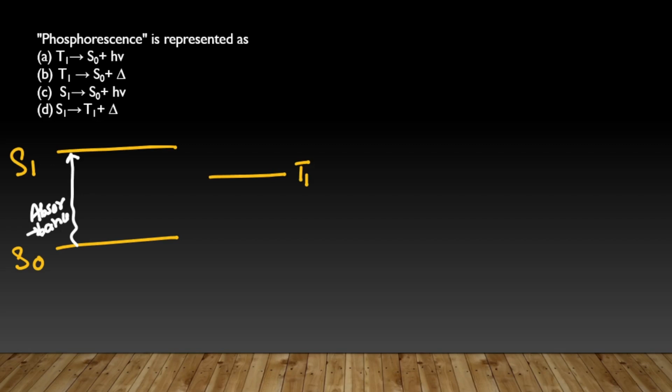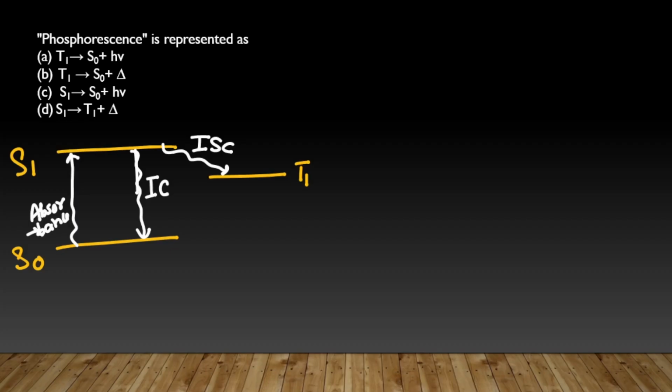If the particle is returning from the singlet S1 state to the triplet T1 state, this is called intersystem crossing. And if the particle is returning from S1 to S0, that is between the same states, this is called internal conversion.